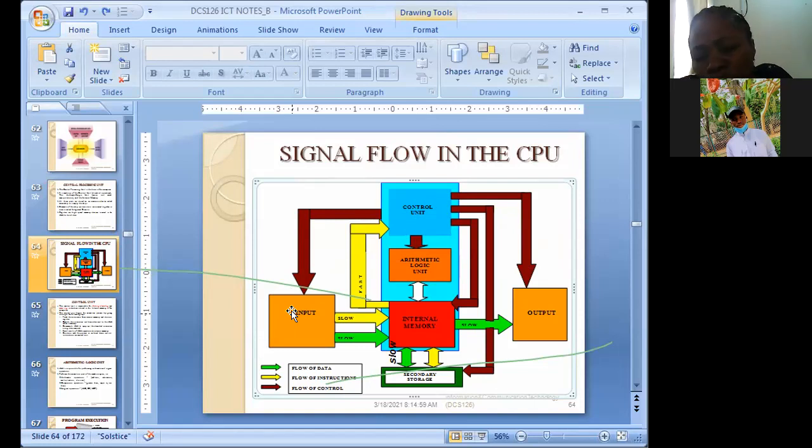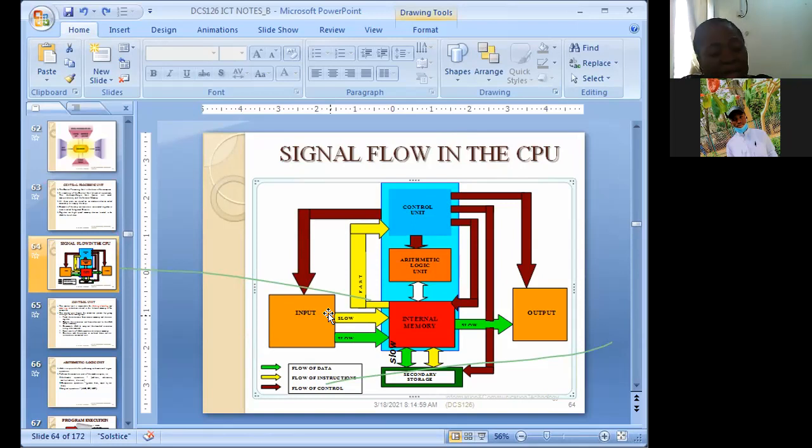Now, when we say control, it uses some signals to effect this control, okay? Now, I will use an example to explain, but I think I can just explain it since you are looking at the diagram. It will make better sense.